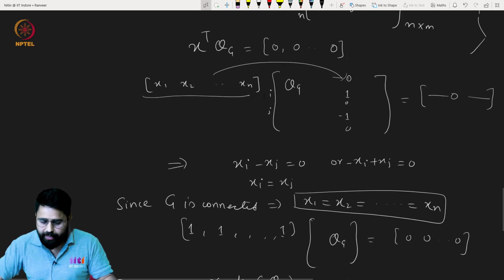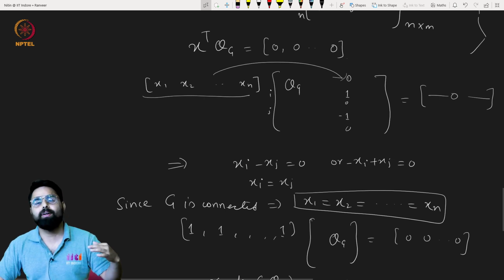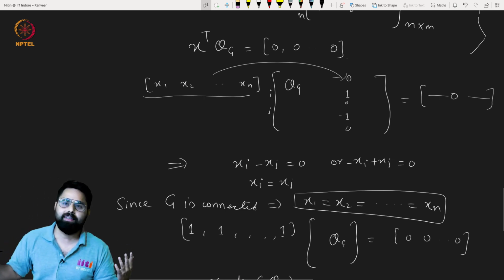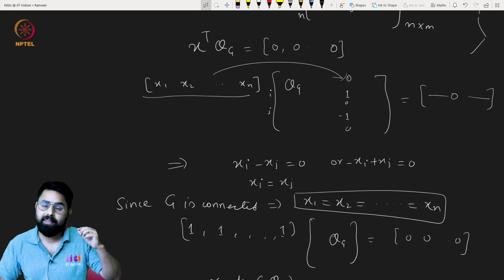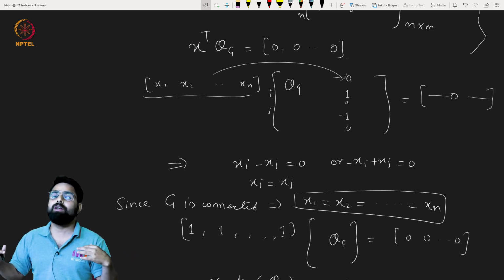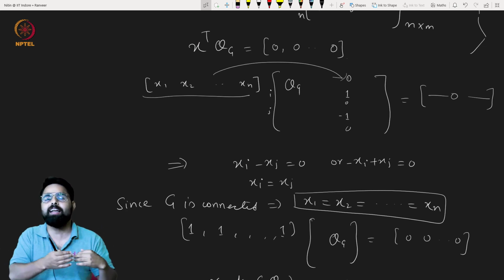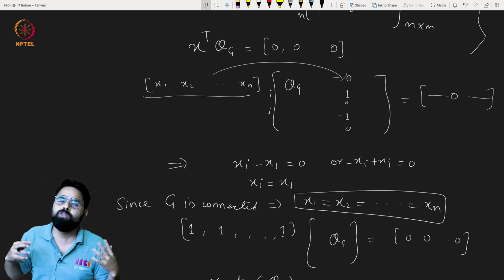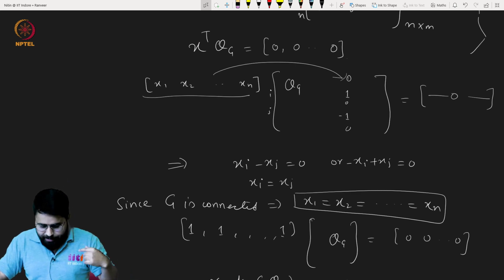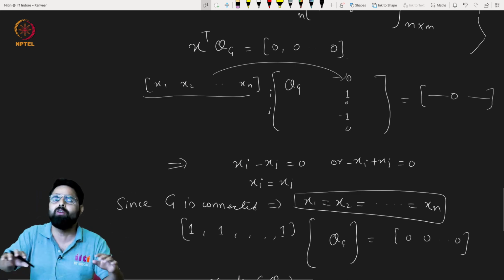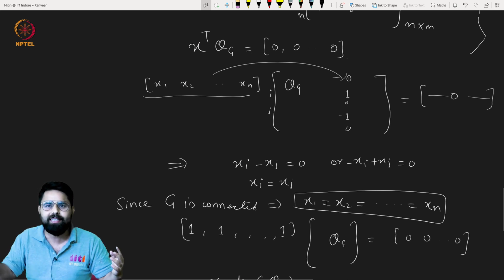Let me recall what I said. We try to find the null space of this. The null space was coming out to be this, which means whatever the vector is, all its entries are the same. It could be 0. If 0 was the only solution, then the rank would be n, because there would be no non-zero vector in the null space. But fortunately we have a vector which we call the all 1 vector, or just a scaling of it.